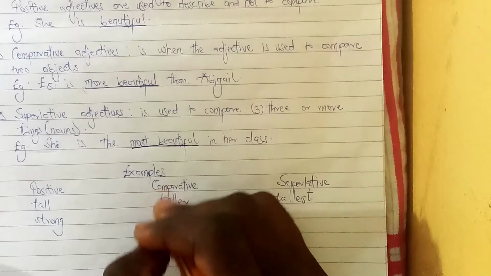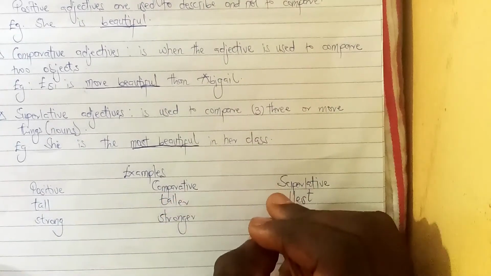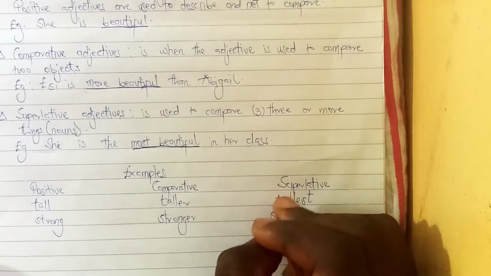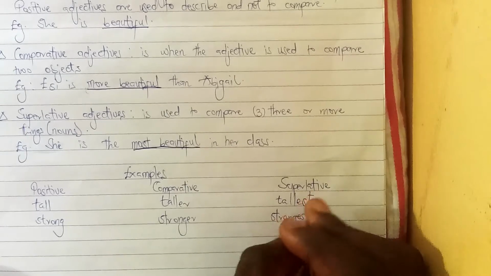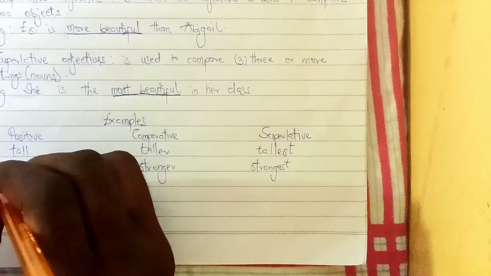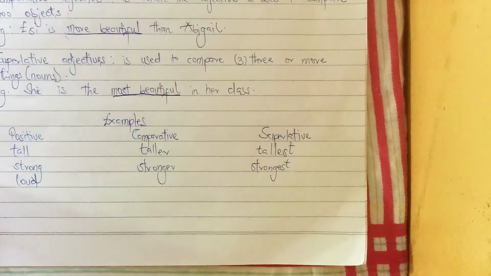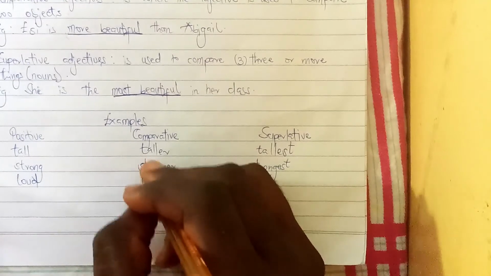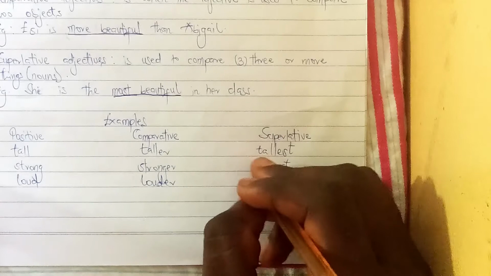Comparative, stronger. Superlative, strongest. Next example, loud. Comparative, we have louder. Superlative, we have loudest.